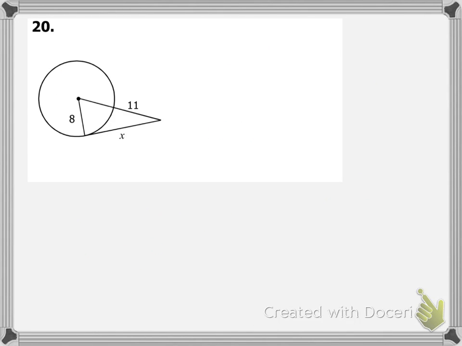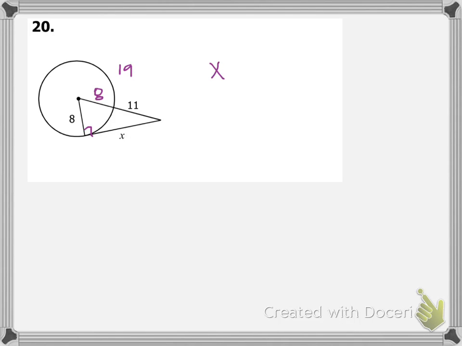Okay, so here I want to solve for x. I've got a tangent. So with that tangent, I've got 90 degrees. If I wanted to find x, I could use the Pythagorean Theorem. I know that this part is 8, so my hypotenuse here is going to be 19.